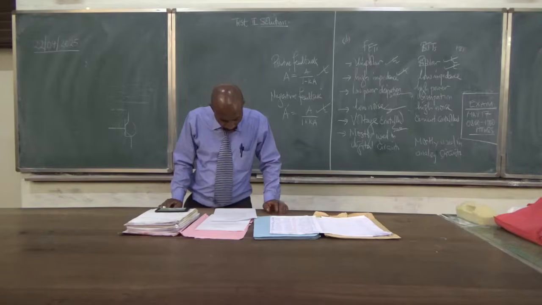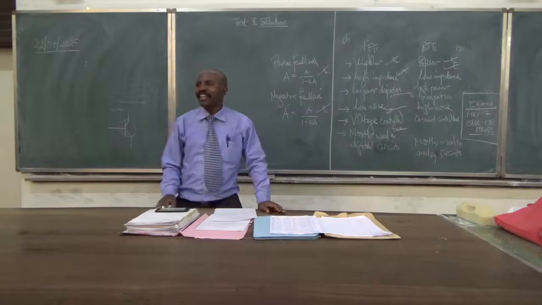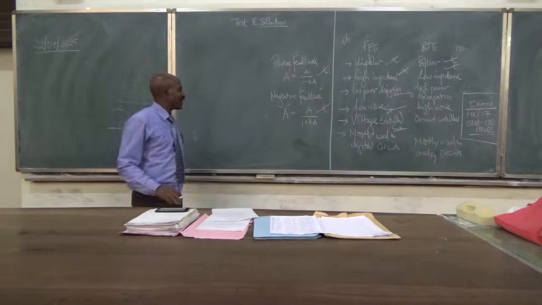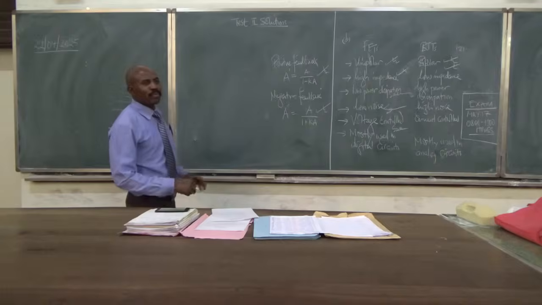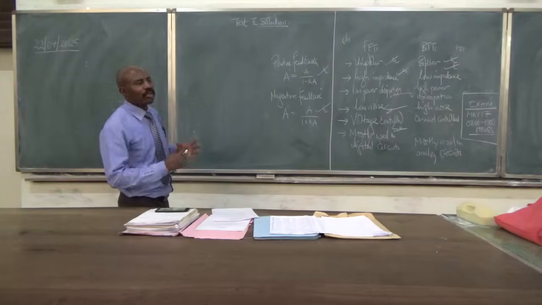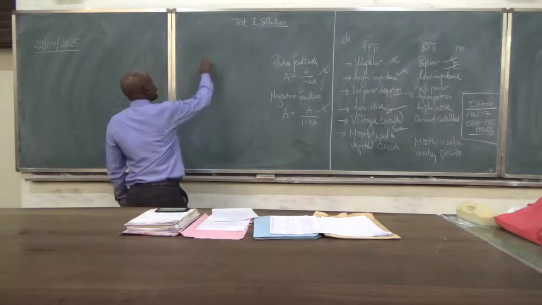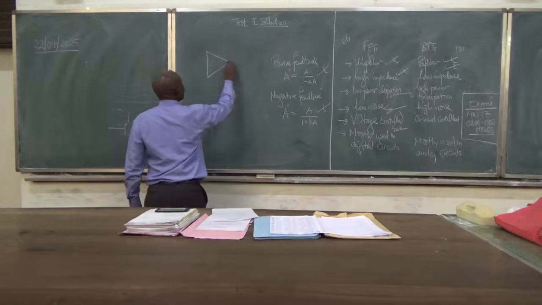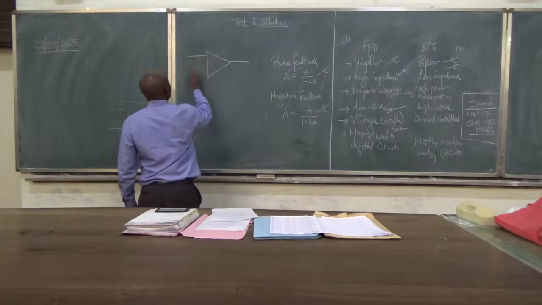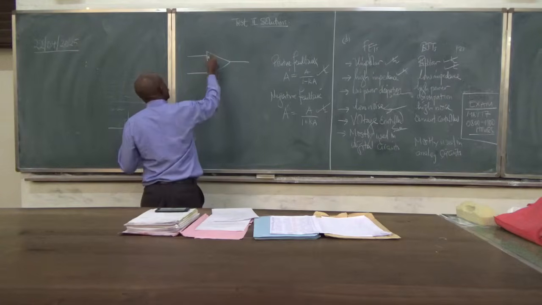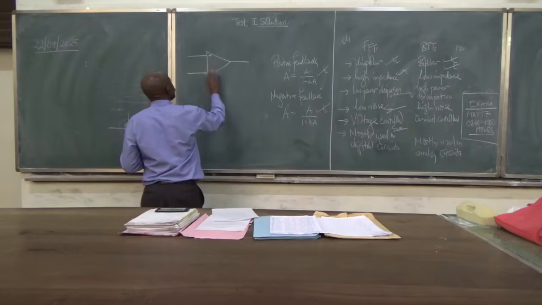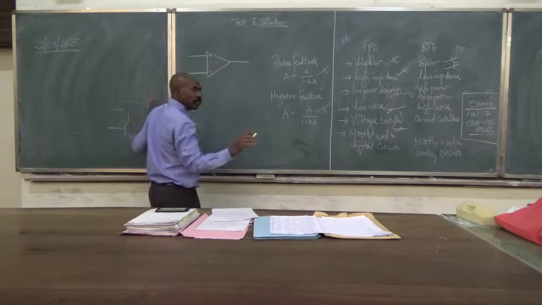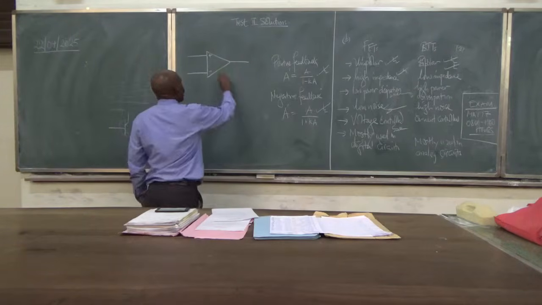Draw a circuit symbol for an operational amplifier. I just needed you to do this. Whether left or right, I didn't even bother to say well labeled. If you want, you can say this is inverting, this is non-inverting, or you can draw them the reverse way. That's it, and I give you your mark.